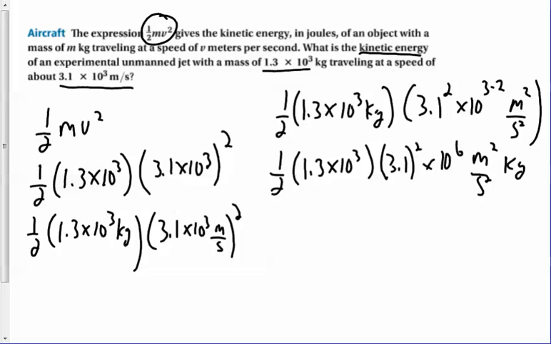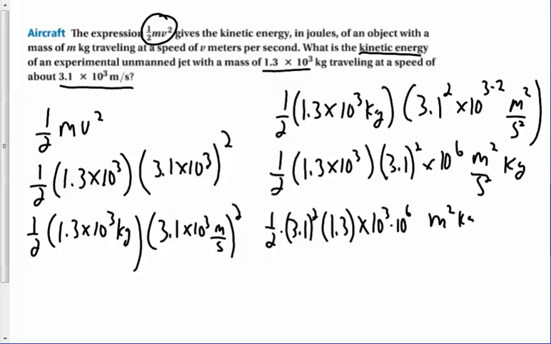Now what I'm going to do is bring this together here. I'm going to go 1/2 times the 3.1 squared, which I'll figure out in a second, times the 1.3 times the 10 cubed times the 10 to the sixth, and this is meters squared kilograms per second squared, whatever that is, right? So what I can do now is figure out what 3.1 squared is. 3.1 squared, I believe, is 9.61.